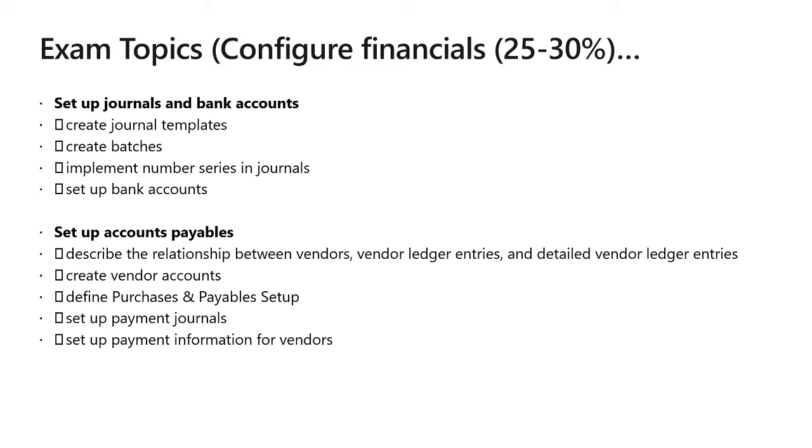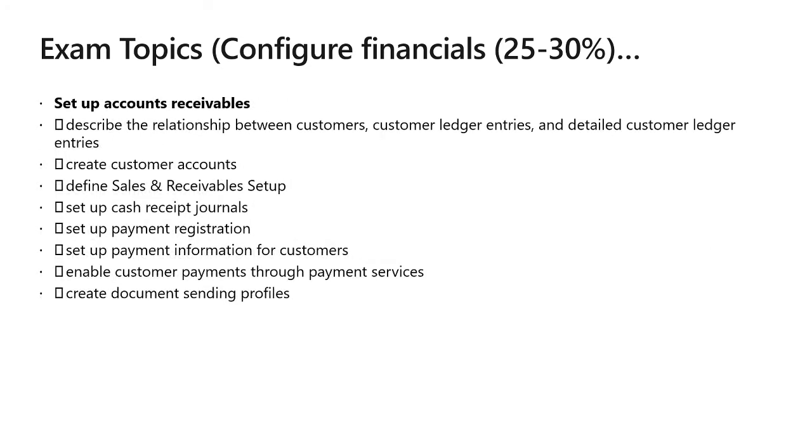We will talk about how to create vendor account, vendor bank account, define purchases and payables setup, set up payment journals, set up payment information for vendors. The previous part was on payables. Then we will talk about receivables also. This part will be dedicated to customers.